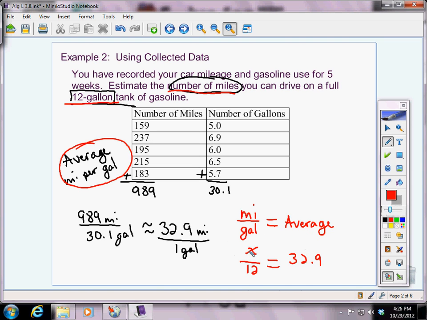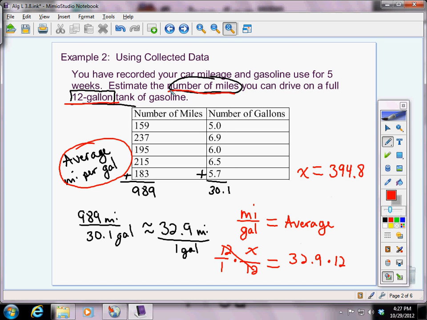Now we've set up this equation, we can go ahead and solve it. What are we solving for? X, the number of miles. What do we have to get rid of? The 12, the gallons. It's divided by 12, so how do we get rid of it? You multiply by 12. Whatever you do to one side, you do to the other. The number of miles we're going to travel, if we do 32.9 times 12, we get 394.8. What does that mean?